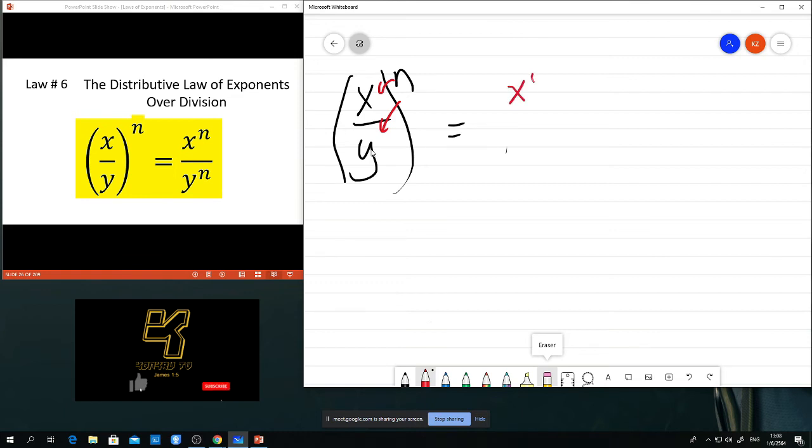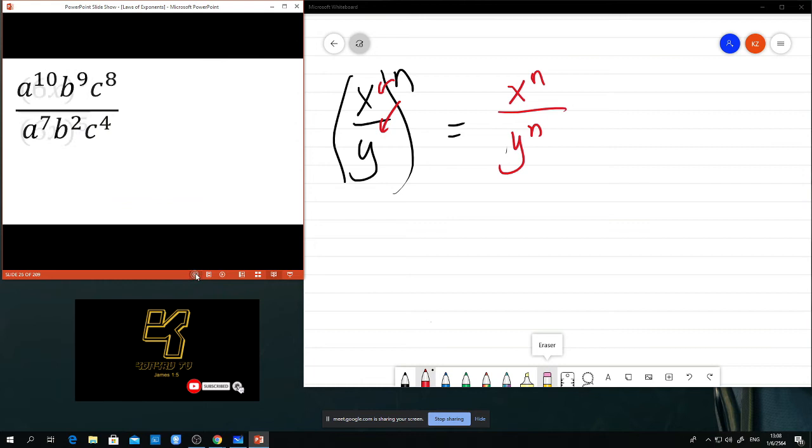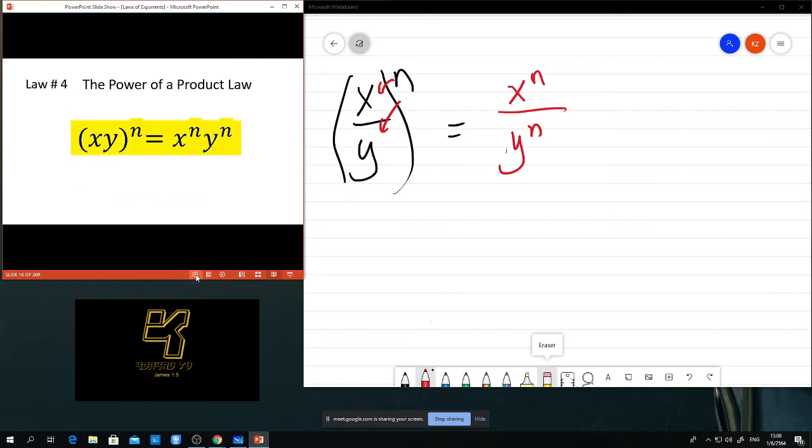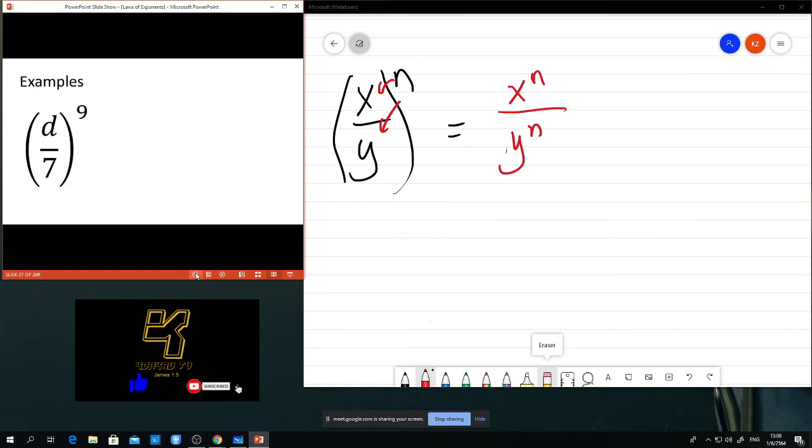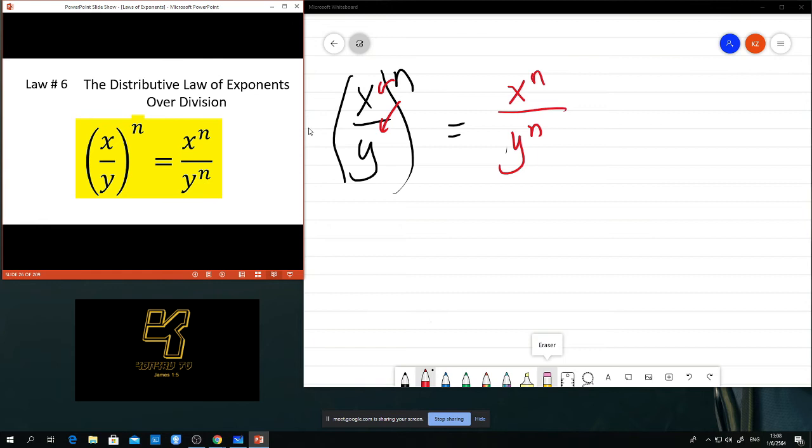So x to the power of n over y to the power of n. It's similar to law number 4, the power of a product law, which is distributive but with multiplication. In number 6 it's division, but it's the same: distribute the exponent. Okay now?